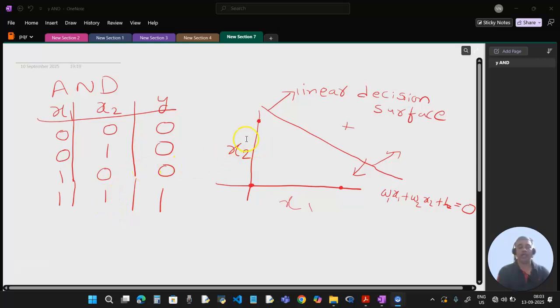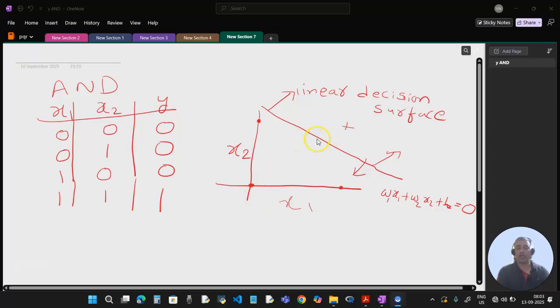Now if you draw it with x1 and x2, representing the 0,1, 0,0 and 1,0 data points with a dot and the 1,1 data point with a positive symbol, you can easily see that you can draw a line to separate these data points.